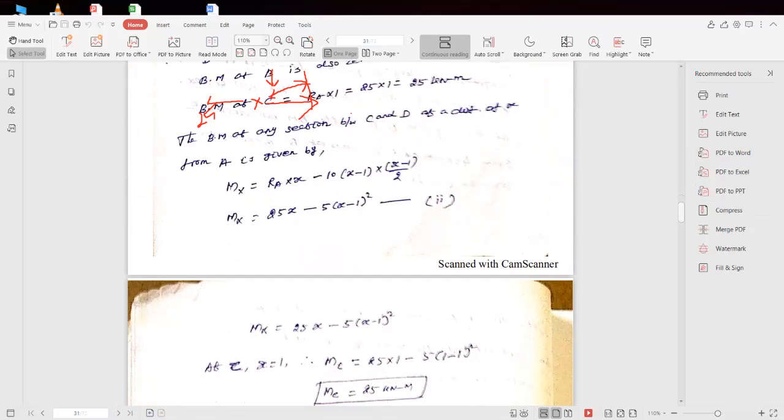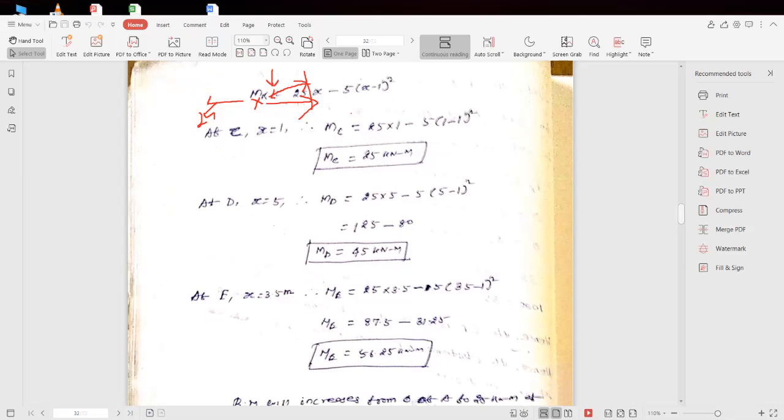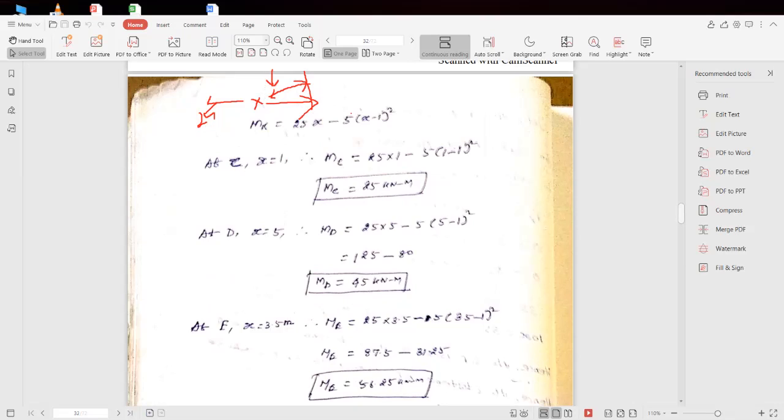From this equation, if you substitute x equal to 1 at point C, you will get the moment at C. At point D, x equal to 5, if you substitute, you will get the moment at D. Similarly, for the maximum bending moment at point E, x equal to 3.5 meter, if you substitute, you will get the maximum bending moment. Then you can draw the values.